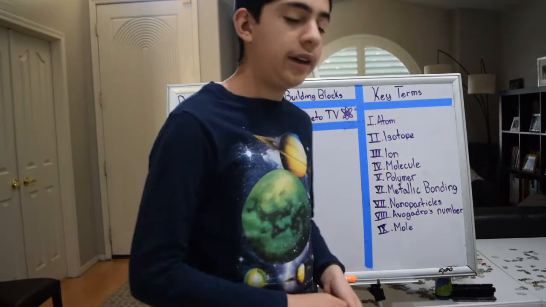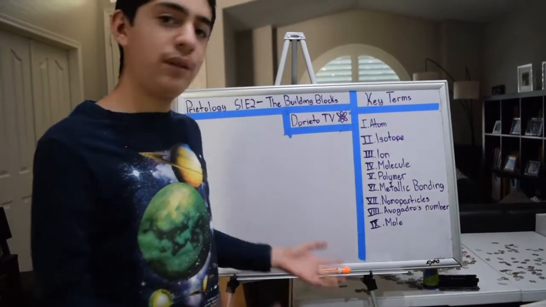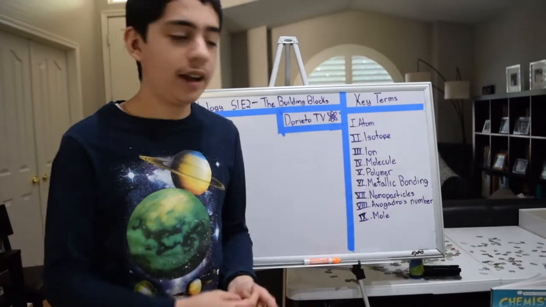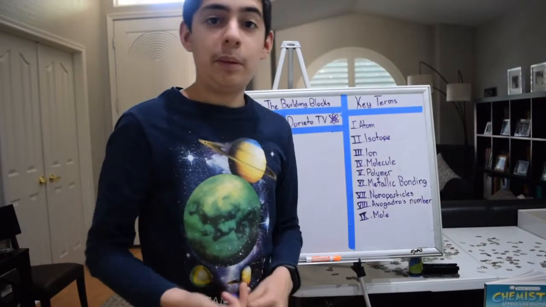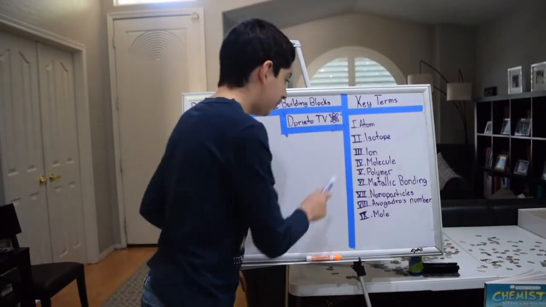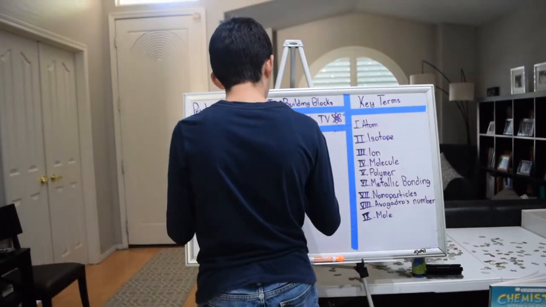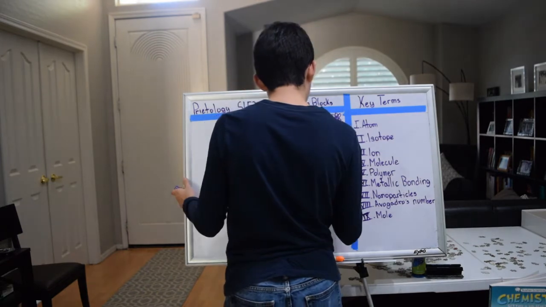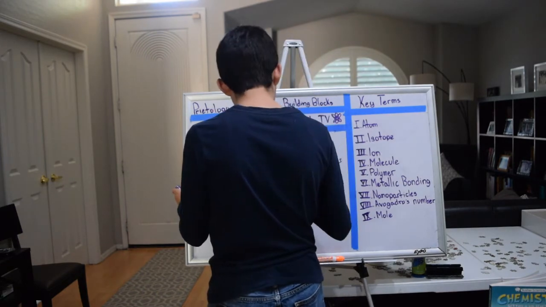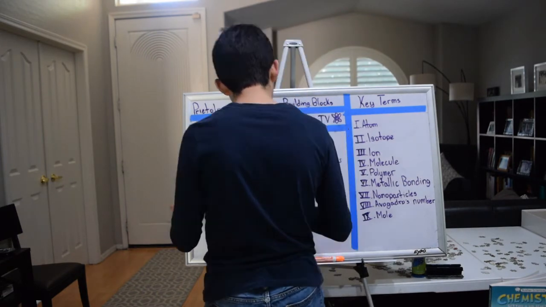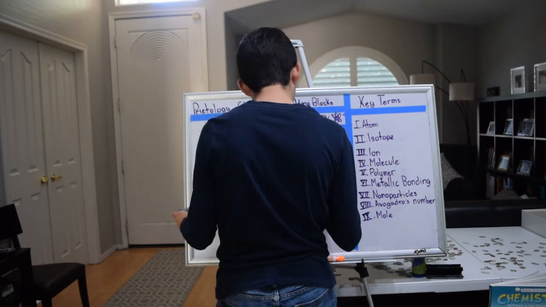Okay, so now that we discussed the three types of atoms, atom, isotope, and ion, we are going to talk about what brings them all together, and that is the molecule. Molecules are two or more atoms held together by covalent bonds.